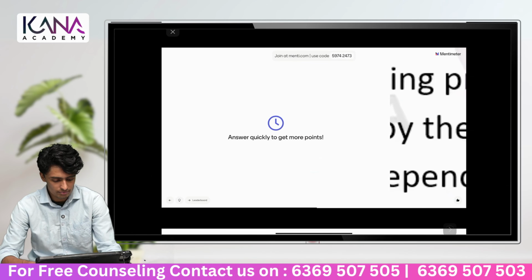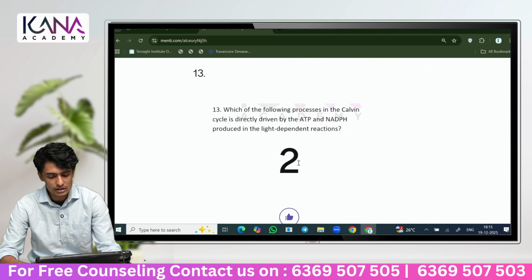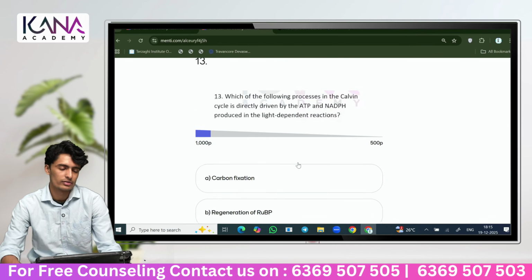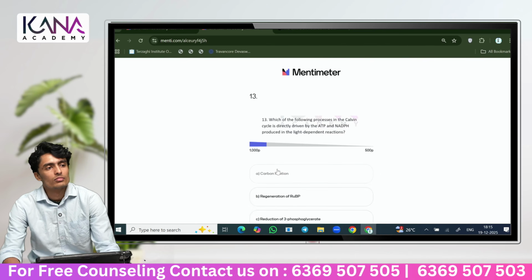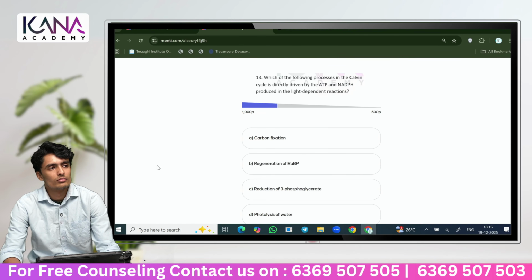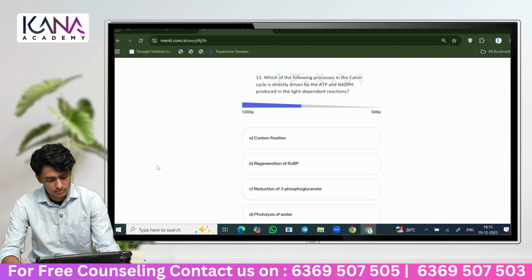Question number 13. Which of the following processes in Calvin cycle is directly driven by ATP and NADPH produced in the light dependent reactions? 15 seconds.